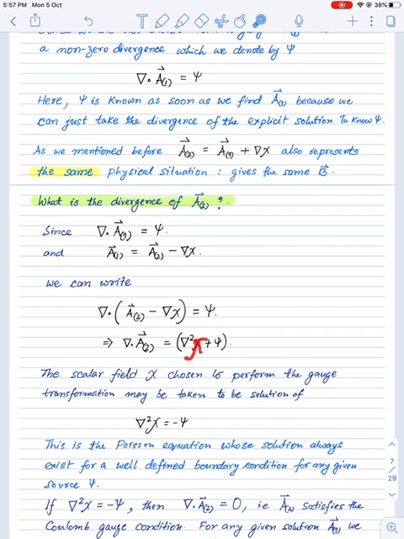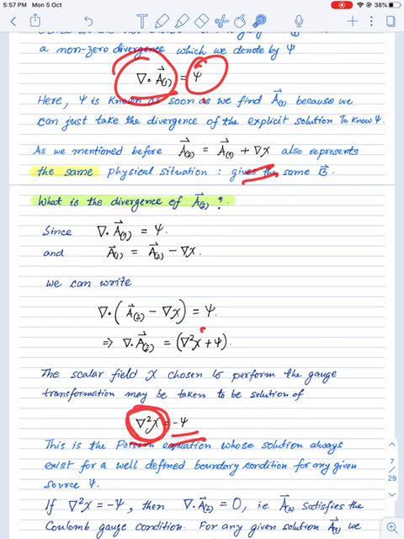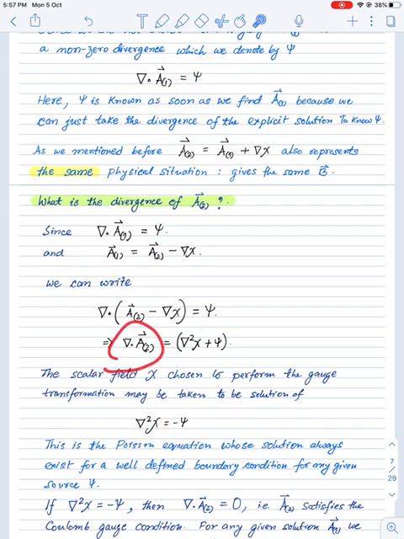So as soon as A1 is given, we know what psi is, and then if we choose our chi such that the Laplacian on chi is equal to minus psi, and we perform a gauge transformation with respect to this chi, then we can always get an A2 whose divergence would be equal to 0, because if this condition is satisfied, this equation is equal to 0.